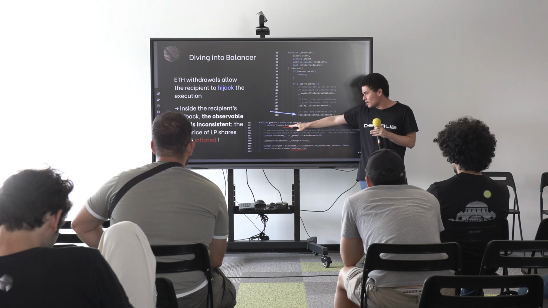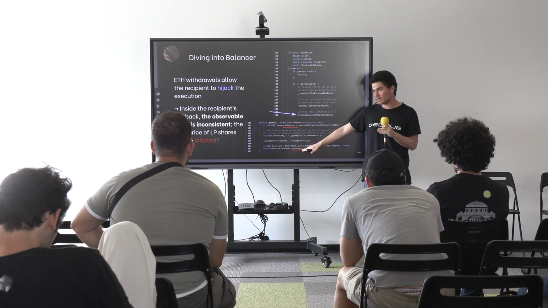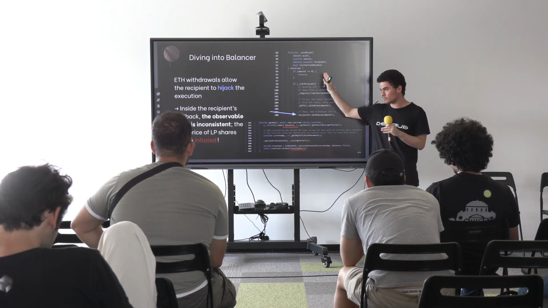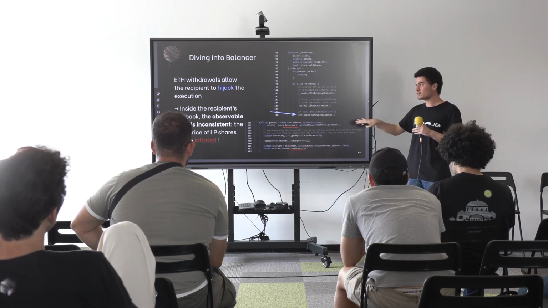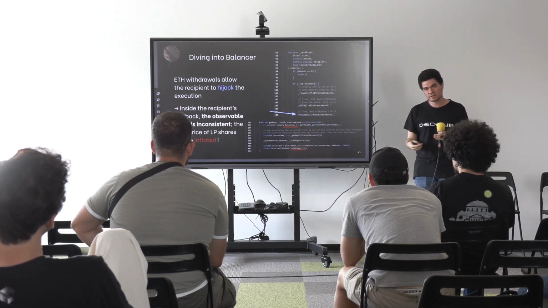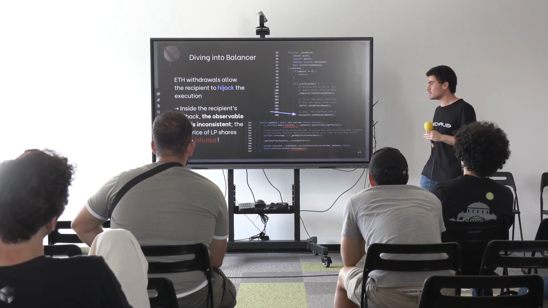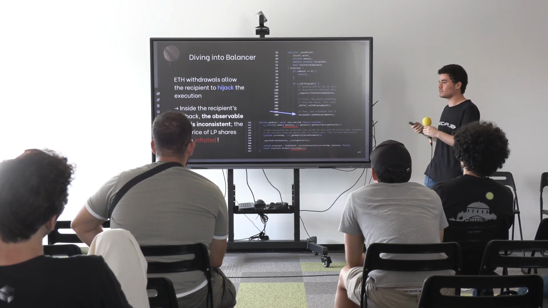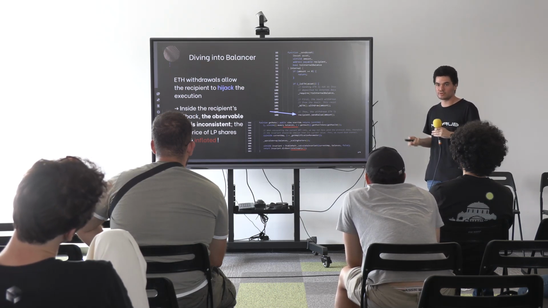So since balances have not been updated yet, and the total supply has been reduced because we're within a withdrawal, the share price of the LP token is essentially inflated. And this is what happened in Sturdy Finance. The attacker inflated the price of his collateral, and that allowed him to borrow more than he should have been able to.